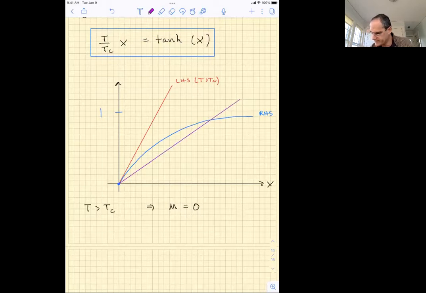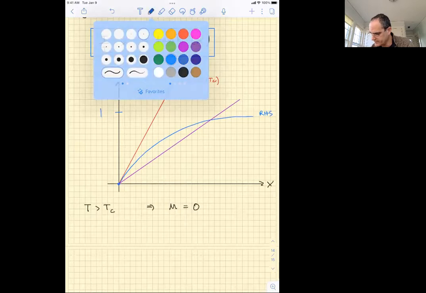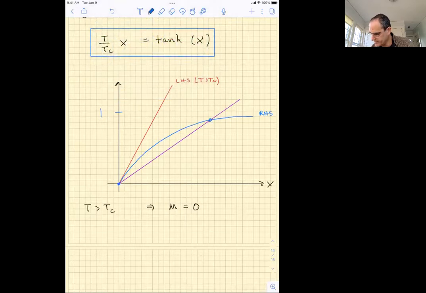Now you see that there's another solution. The left-hand side and the right-hand side cross at a finite value of x, meaning a finite magnetization.